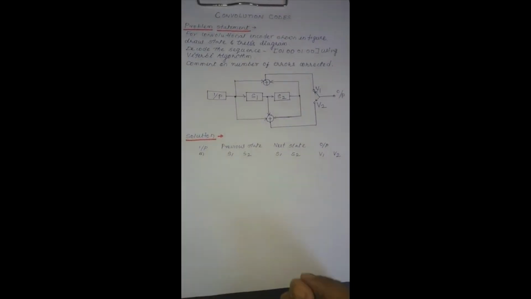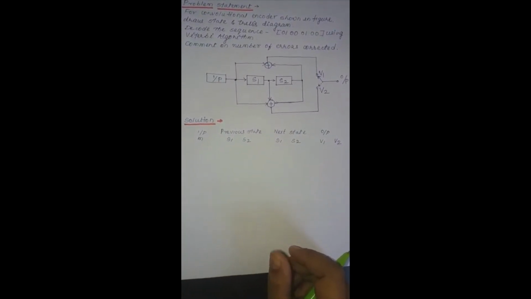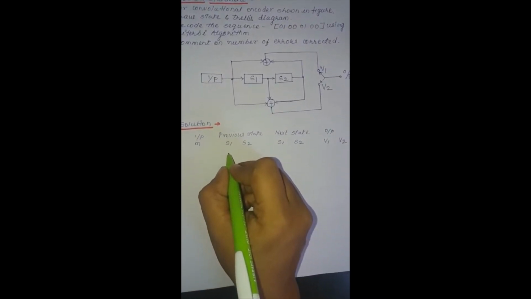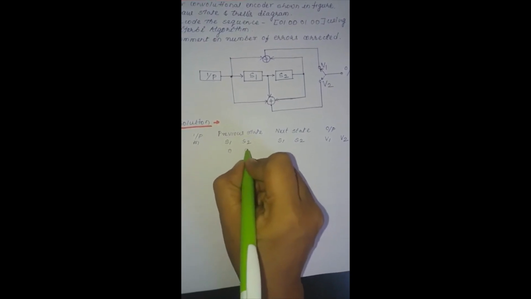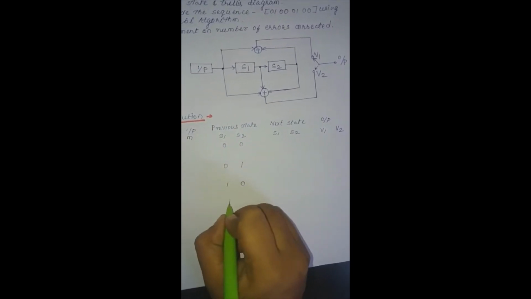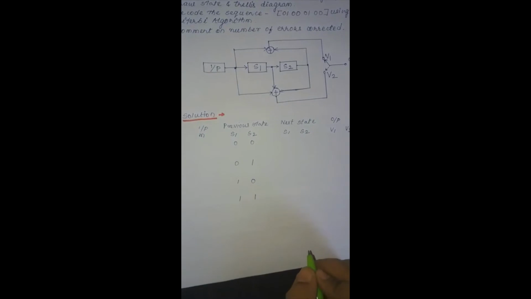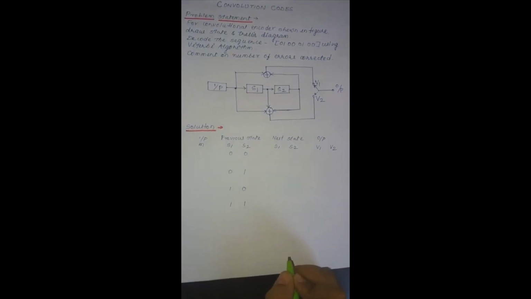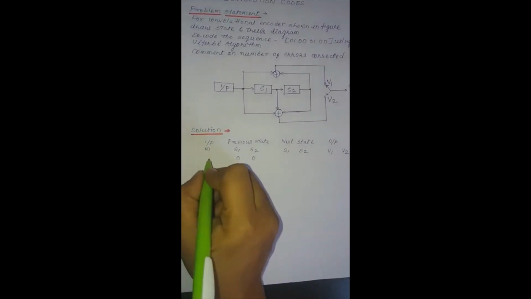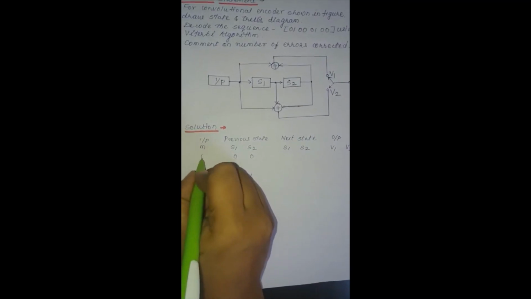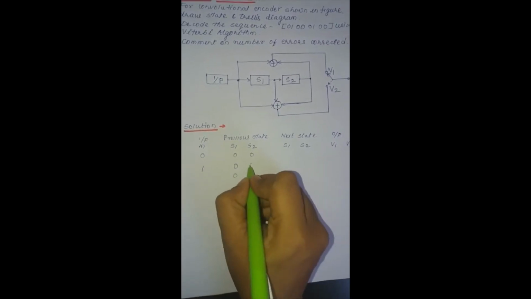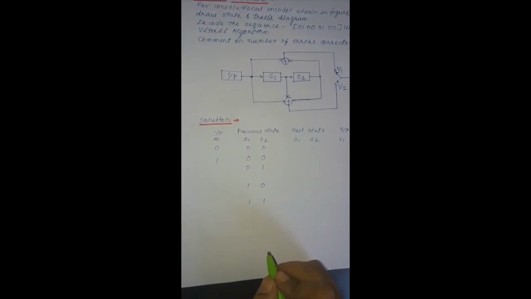Now, since there are two flip-flops, we have 2^2, that is 4 combinations for the states. So the previous states will have 4 combinations: 0 0, 0 1, 1 0 and 1 1. In every state, we can apply the input, and there are two possibilities of input, that is 0 or 1. So the input can be 0 or it can be 1. Again, we can apply input equal to 1 in state 0 0.